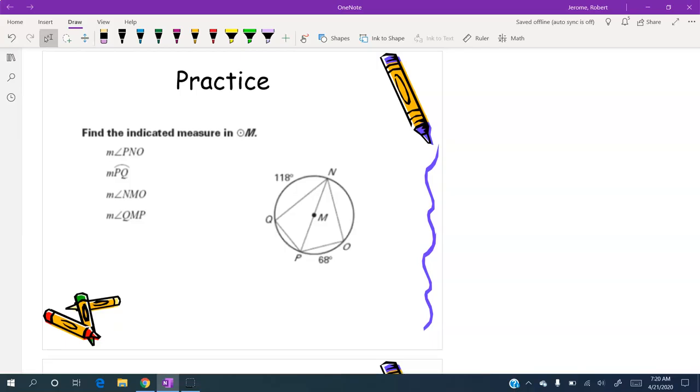All right, so let's try a few that are all mixed into the same problem. And we're just going to go one at a time and figure out what we can. So we're looking for angle PNO. So I want to find it first.